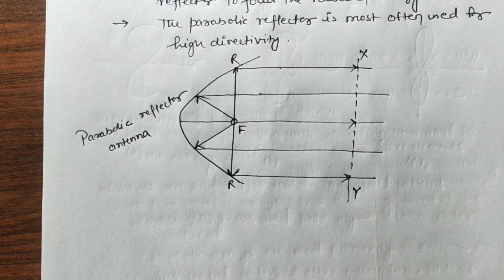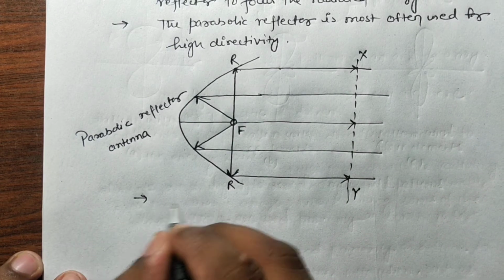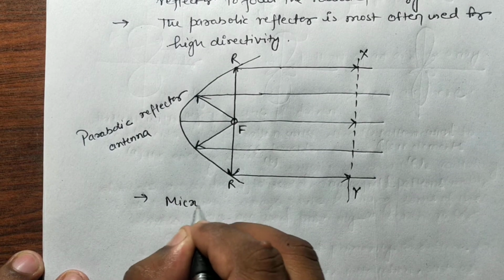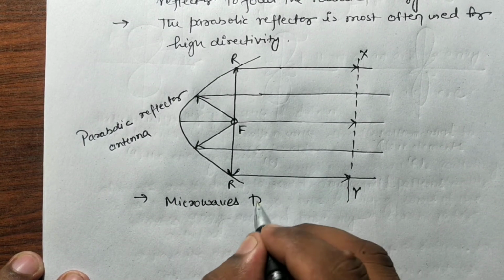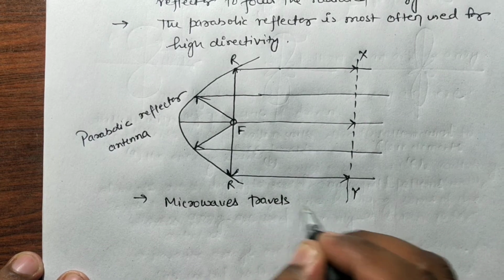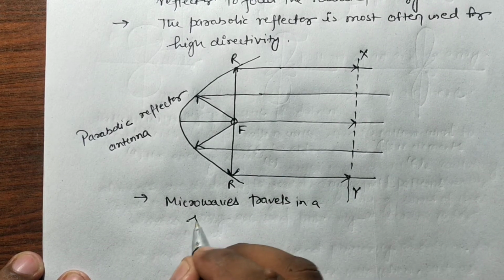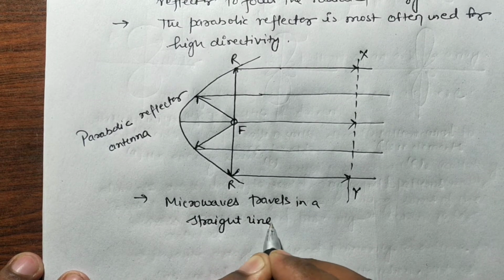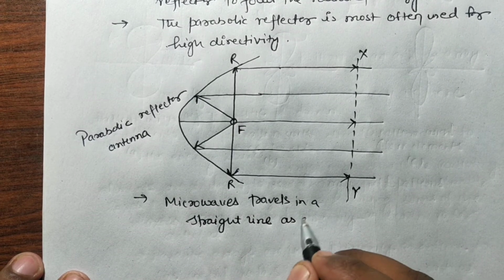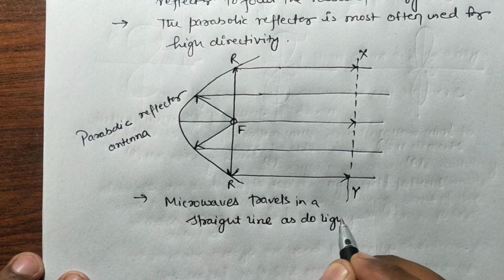Generally, microwaves travel in a straight line as do light rays.